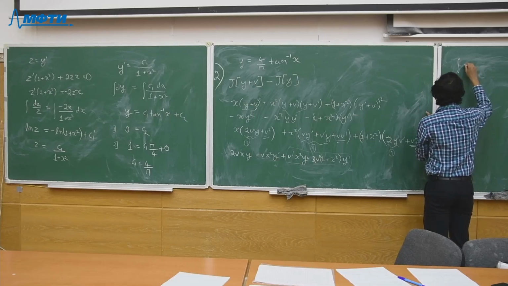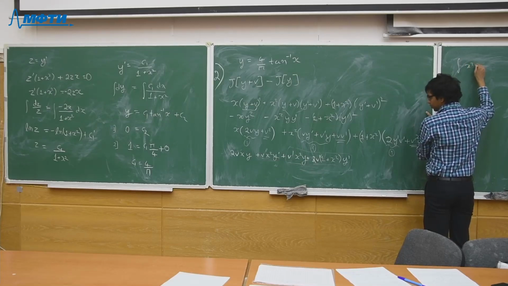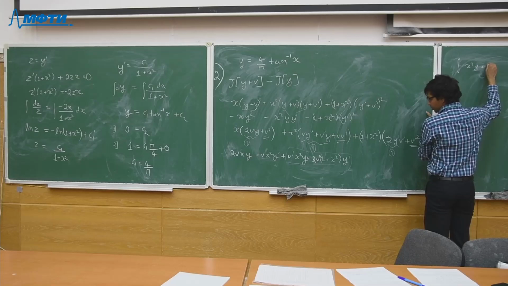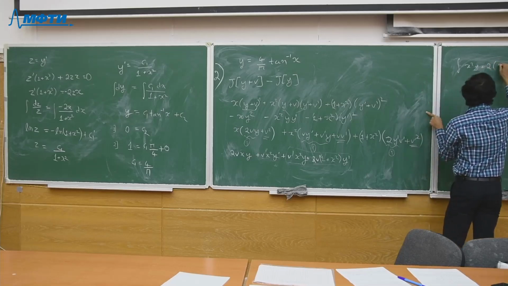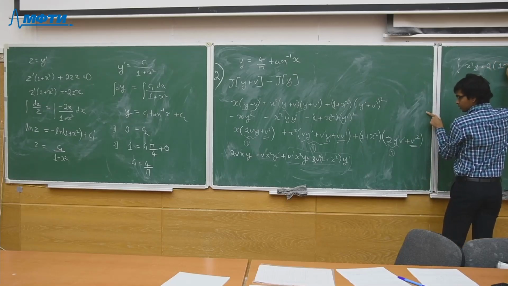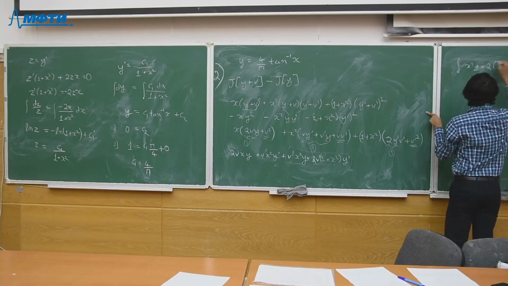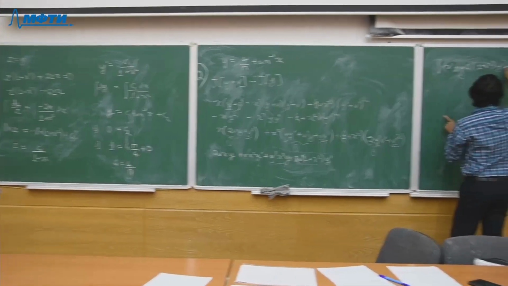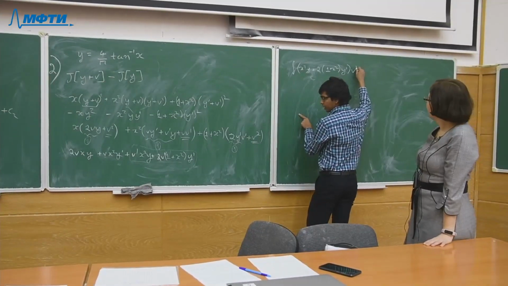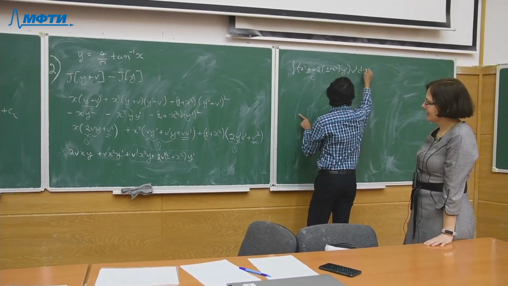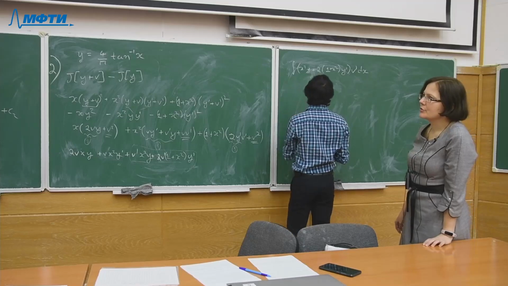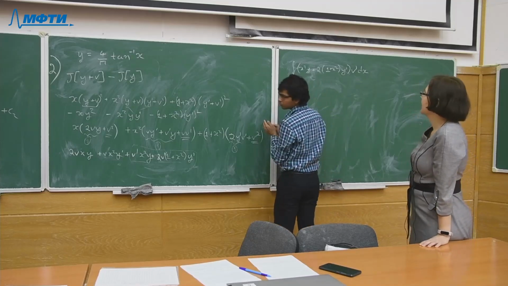So it is x square y plus 3 times plus x square y dash v dash dx, and from the integral from 0 to 1.